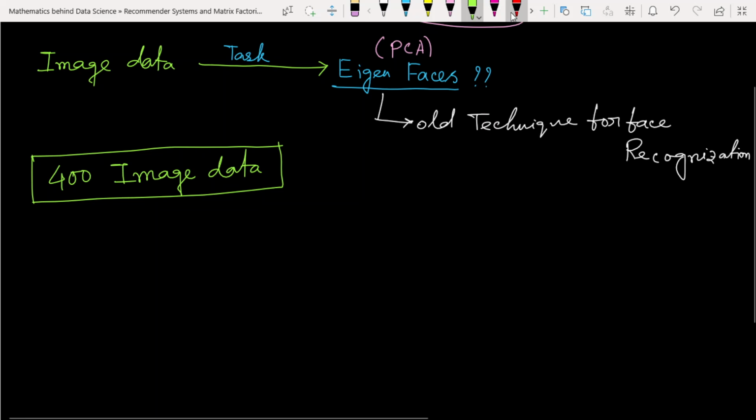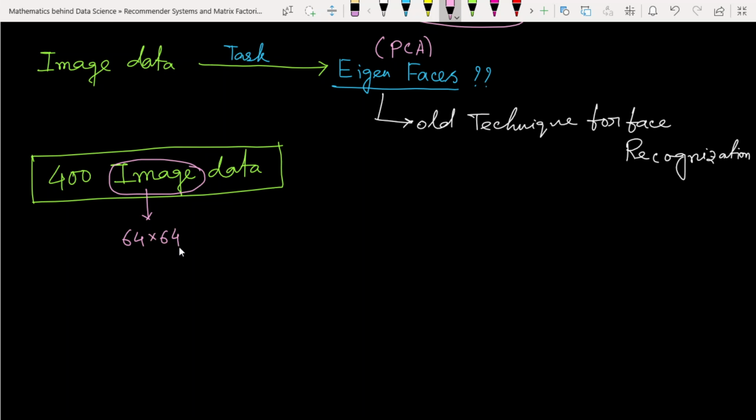Now the first thing we have to do after collecting this, and one thing to always remember, is that the images we have collected are 64 cross 64 pixel images.